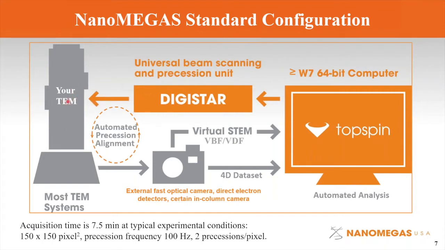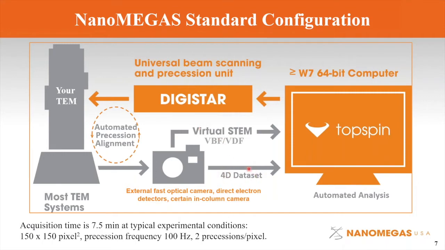So the electron beam will go through the precession and scanning, interact with the specimen, and generate precession electron diffraction patterns. The diffraction patterns are collected using various kinds of cameras or detectors. Currently, we support several models of external camera, some direct electron detectors, and some in-column cameras. Virtual STEM images can be generated for survey purposes or specimen navigation purposes.